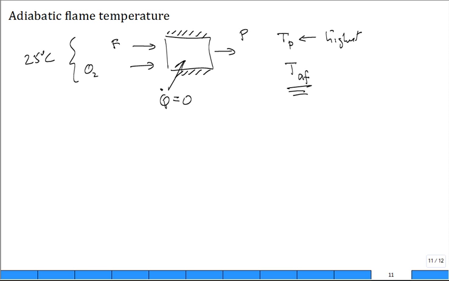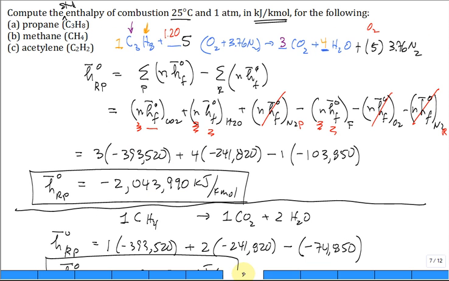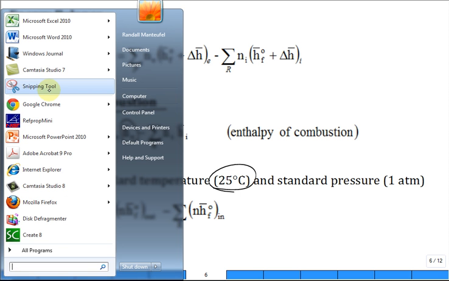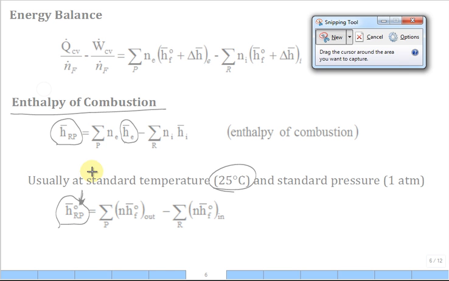All right. So let me jump back and grab a balanced equation. Let me grab this equation right here. Or maybe I want a better equation.